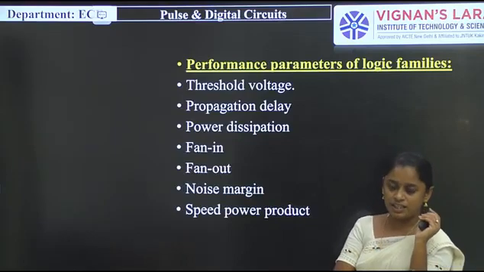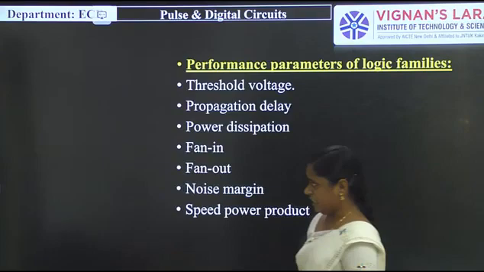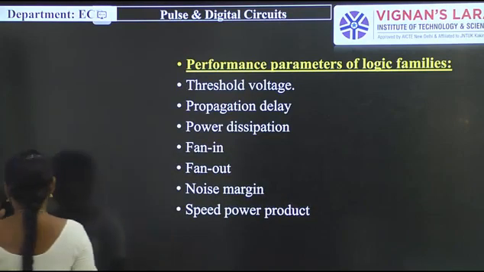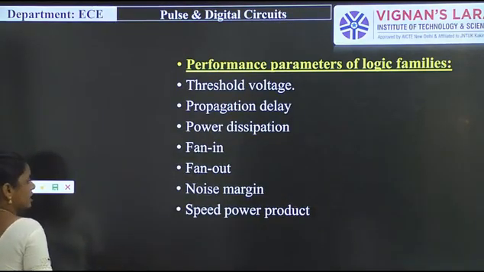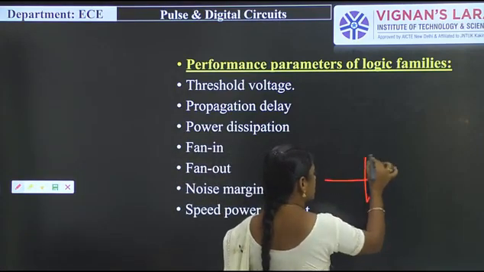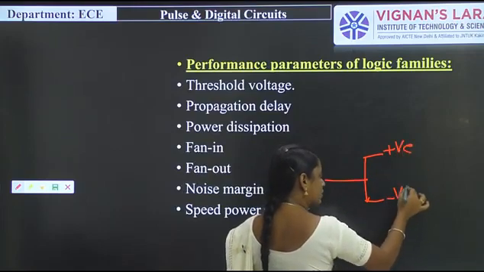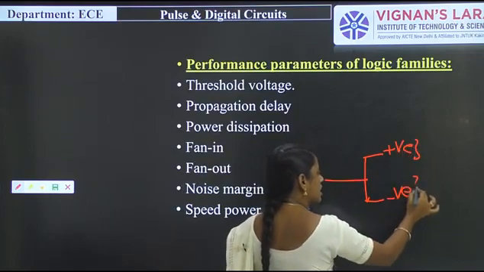Just check what is meant by positive logic and what is meant by negative logic. Any digital circuit is designed with either positive logic or negative logic.